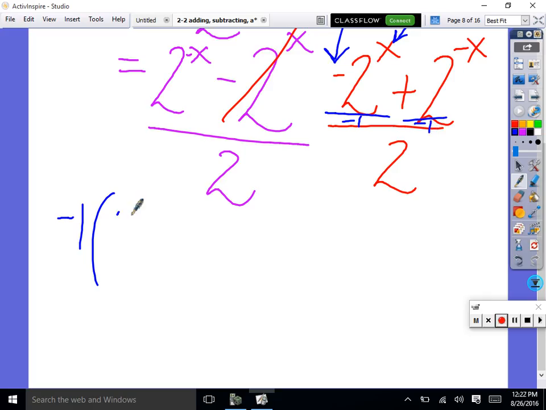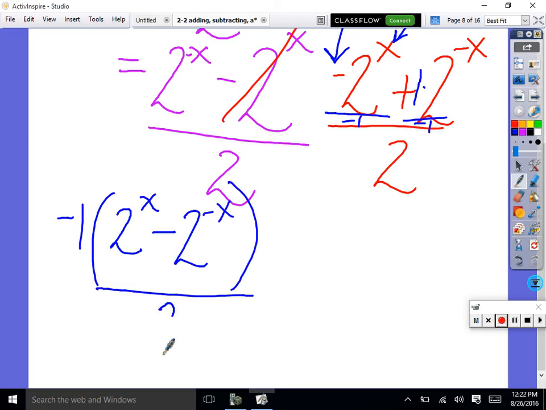So we have a positive 2 raised to the x, and then positive 2 divided by, so this is going to become a negative, right? Technically, we're actually taking positive 1 divided by -1. So it's going to be minus, do you see why it's minus? Okay, minus 2 raised to the -x, and then that's all over 2.